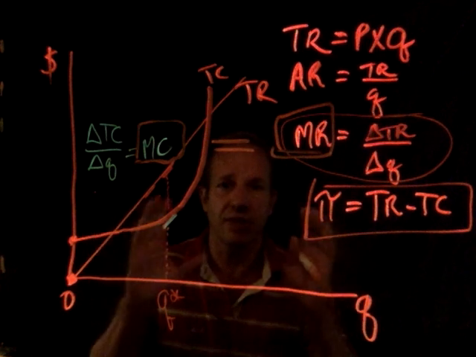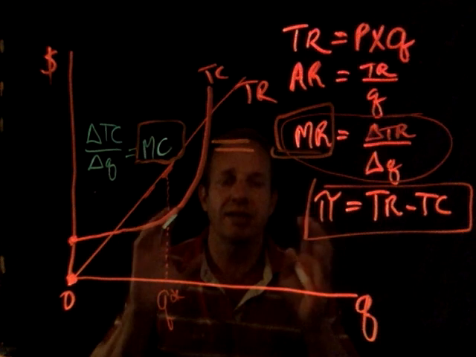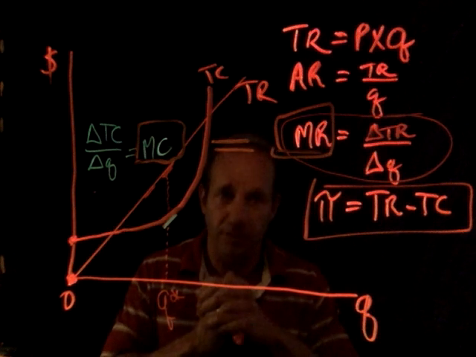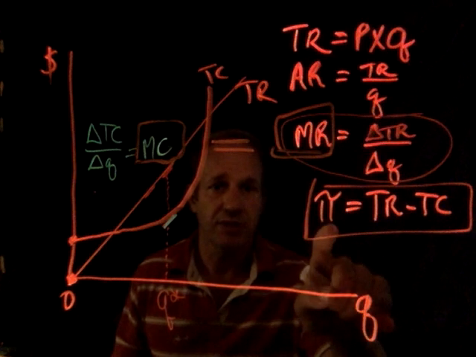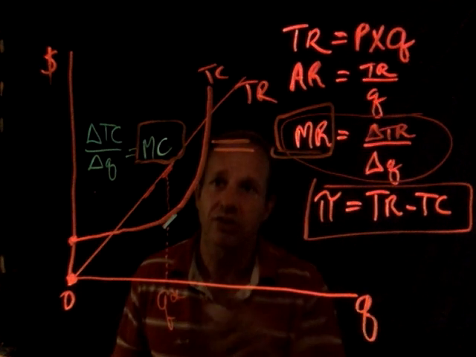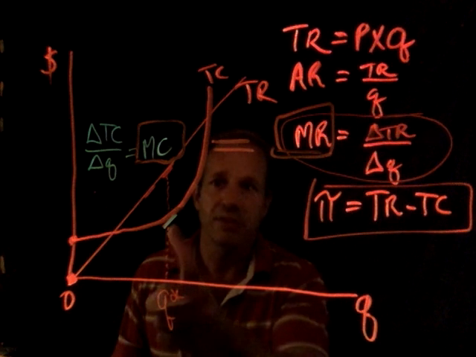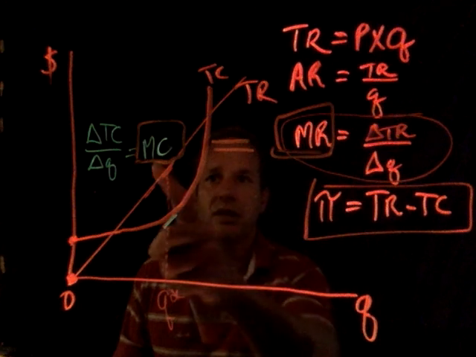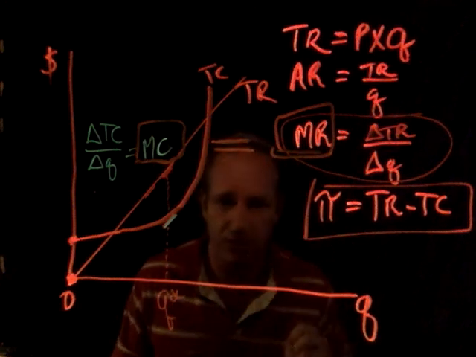This piece explains why that is the profit maximizing level of output for the firm. It's because that's what profit is, and that's what the relationship looks like. And if that's what the relationship looks like, the best place to be is where these slopes are equal, and these slopes are these variables, marginal revenue and marginal cost.